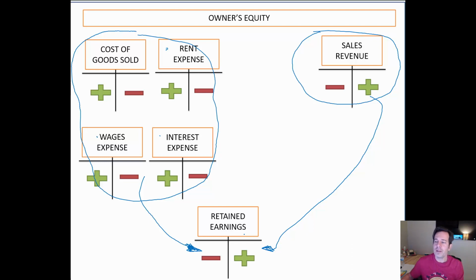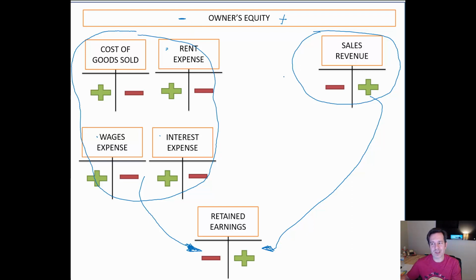Okay? Now, other thing I'm going to say. I told you before that where an account is under the accounting equation dictates what side it goes up or down on. So we're under owner's equity. That's on the right-hand side of the accounting equation. Means it would go up on the credit side and down on the debit side.